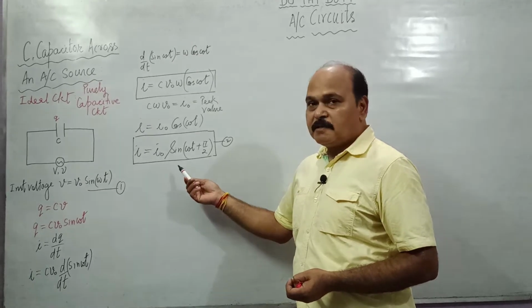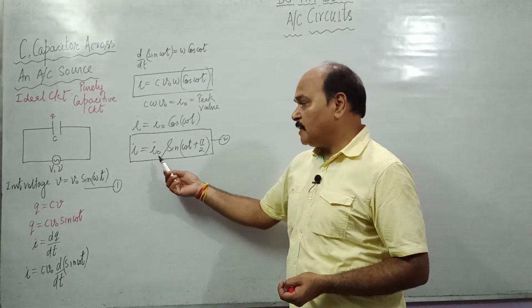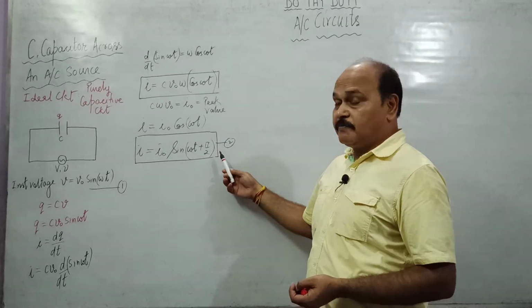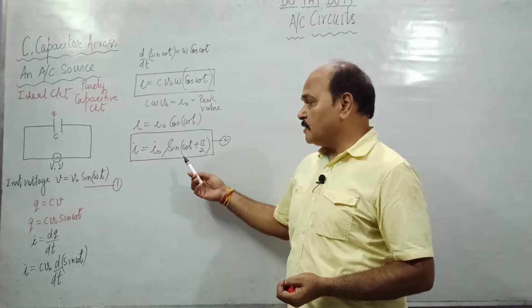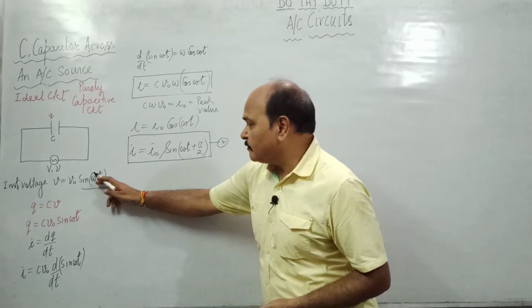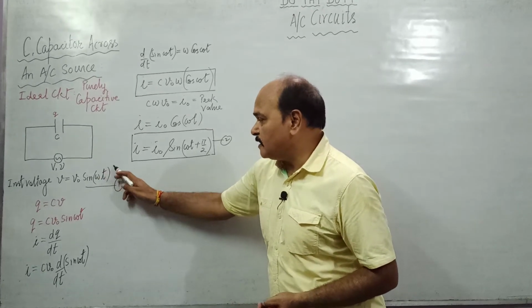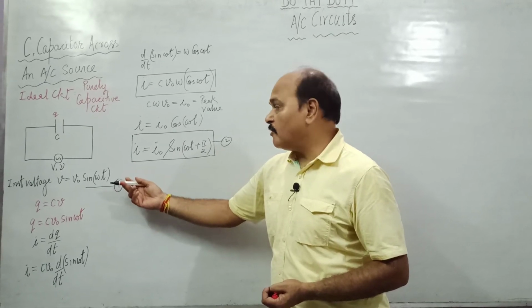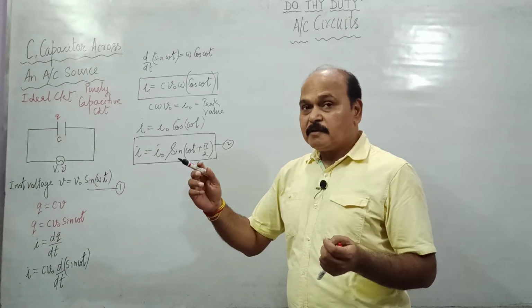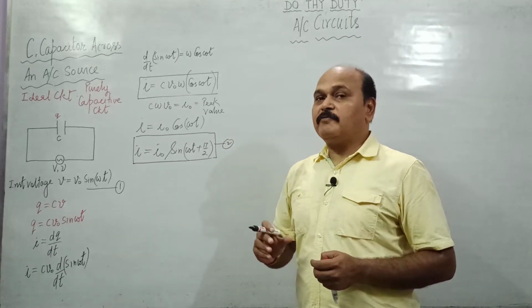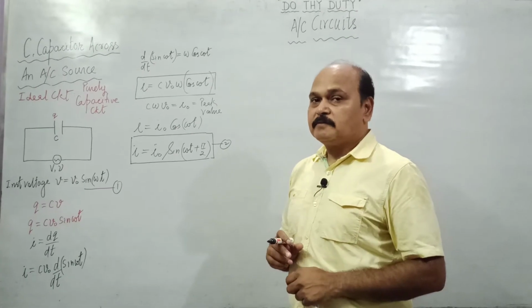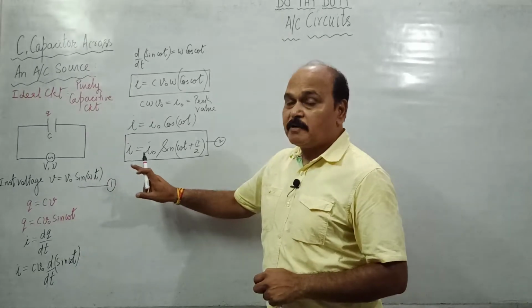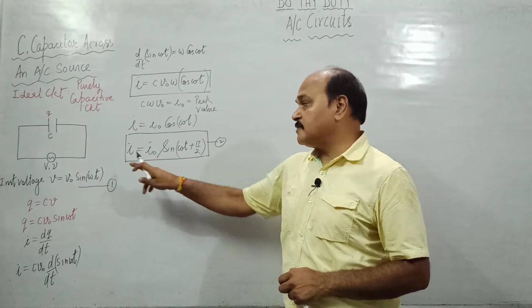Children, let us study the phase relationship between the instantaneous value of voltage and the instantaneous value of current, which we have found out. See, sine of something, this something is called the phase. The phase of voltage is nothing but the angular displacement of the coil of the generator. Whichever quantity the sine operates upon is called the phase of voltage.